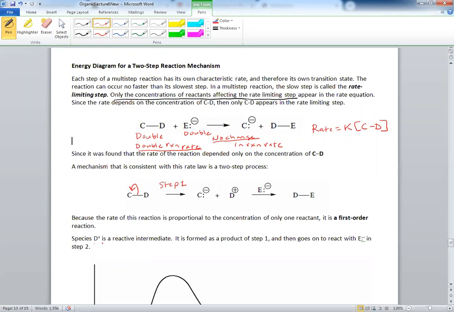Right here, D is a reactive intermediate. And then this is your nucleophile, E, attacked D, so that would be your step two, and created DE as the product.